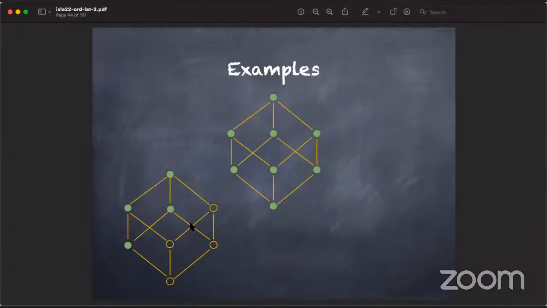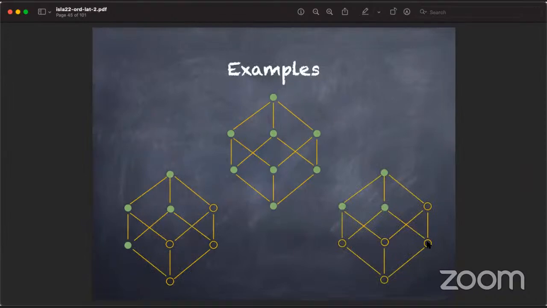It does form an ideal, and it should be clear that this doesn't form an ideal. You're just adding this part and the ideal condition fails. Are you all with me? Okay, fine.